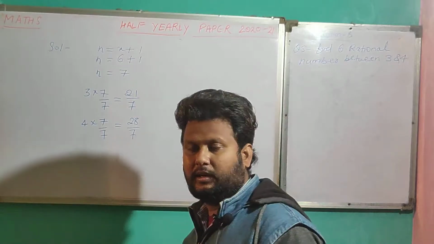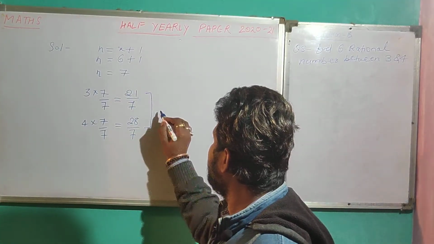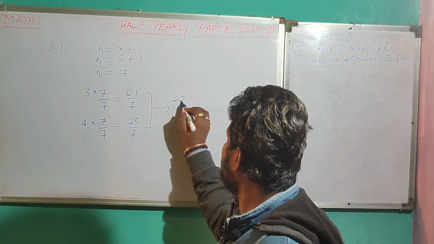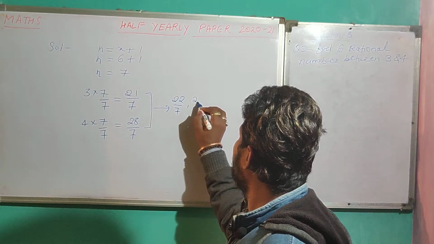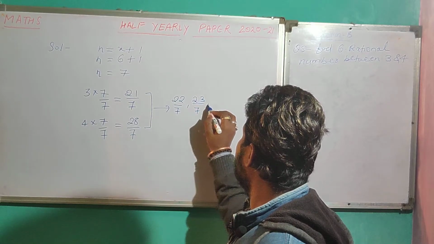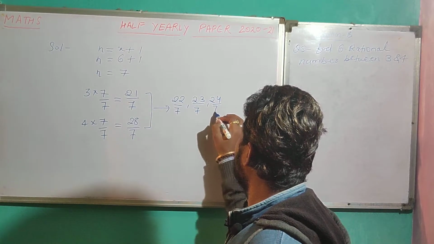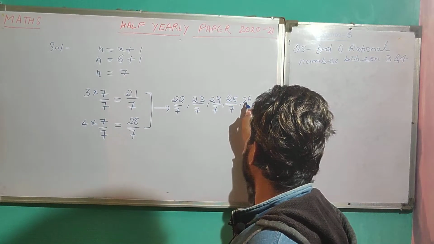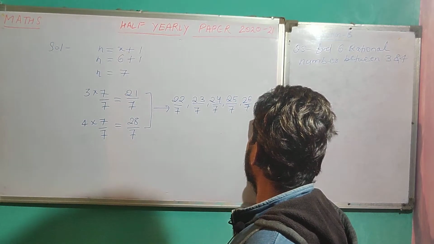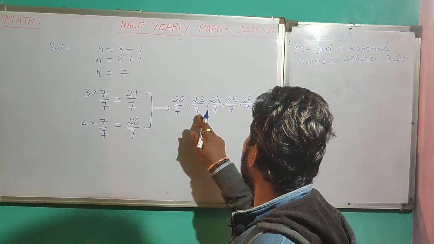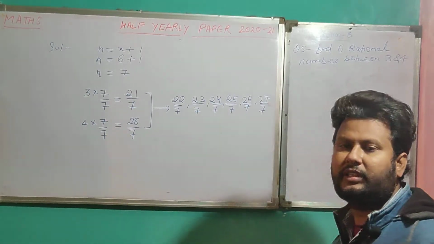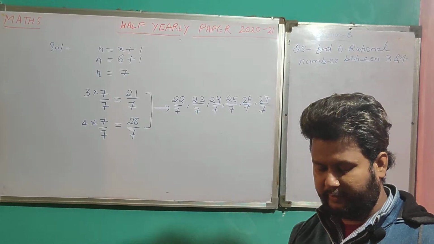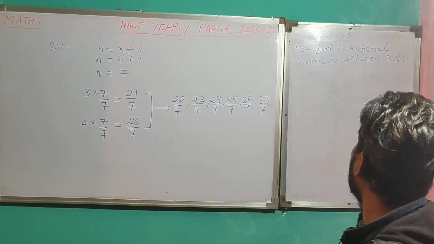So the 6 rational numbers between these two will be 22 upon 7, 23 upon 7, 24 upon 7, 25 upon 7, 26 upon 7, 27 upon 7. 1, 2, 3, 4, 5, 6. So these are the 6 rational numbers between 3 and 4.